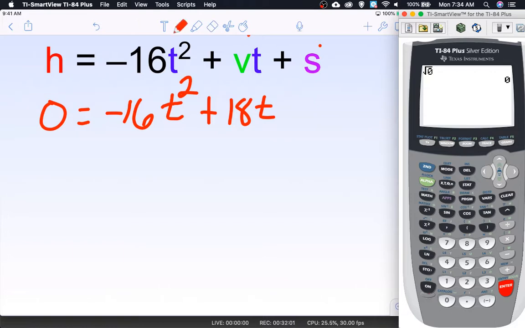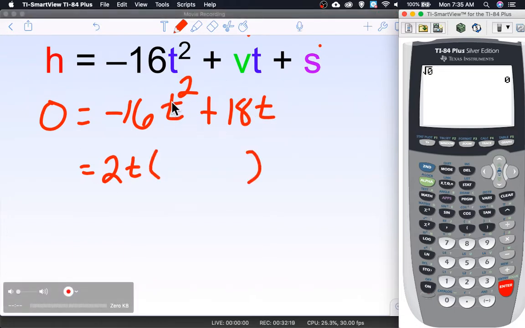Oh, look at that. We have a polynomial that we can factor. I can pull out a 2. Do I want a 2 or a negative 2? I don't know if it really matters. I'm going to pull out a 2t, because both of them have a t they can give up. Both of them have a 2 they can give up. That makes this a negative 8t, and this becomes a plus 9.